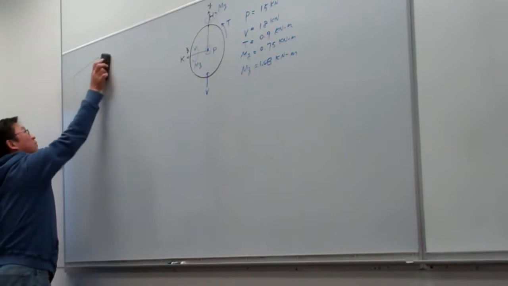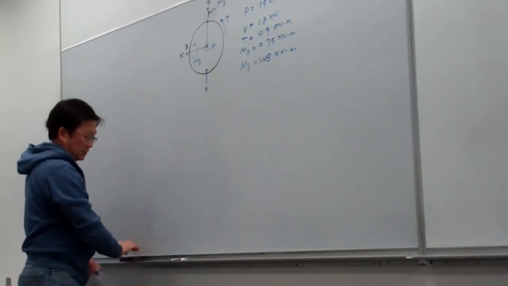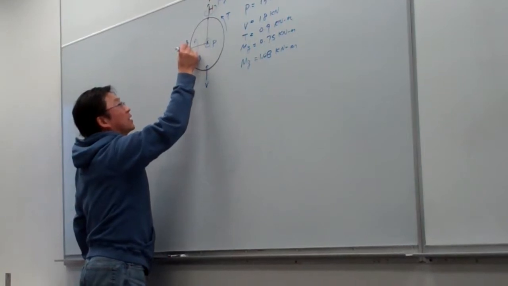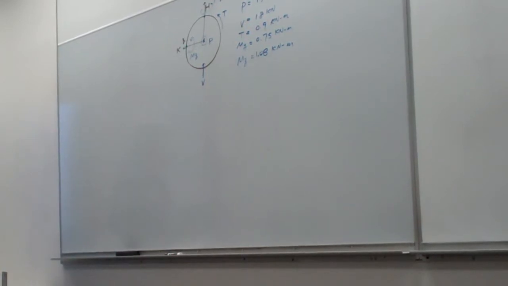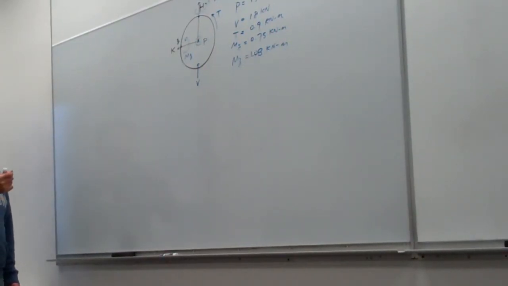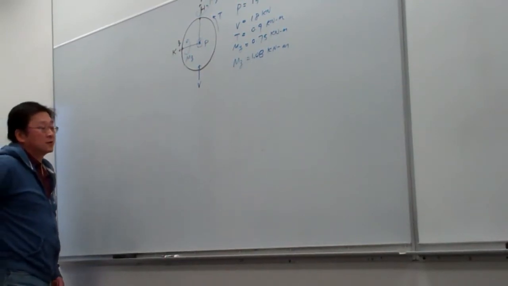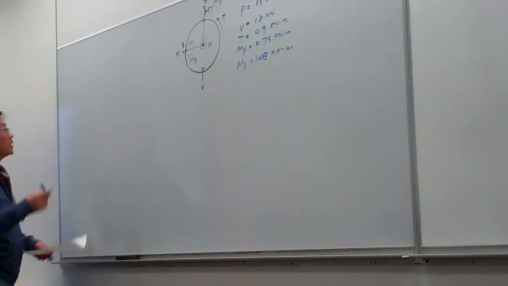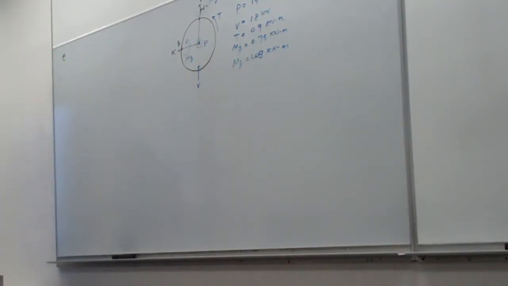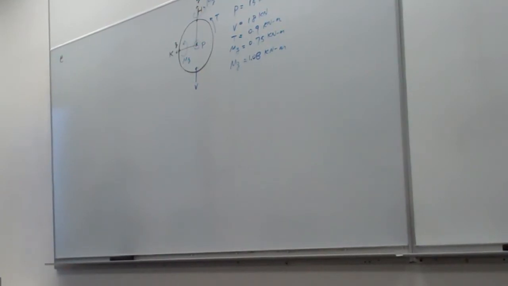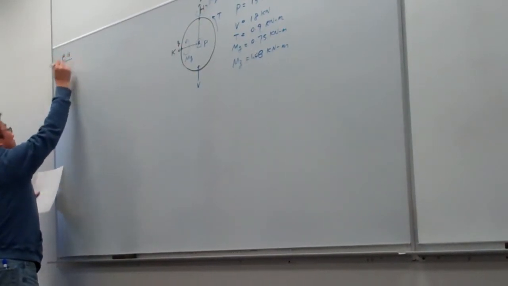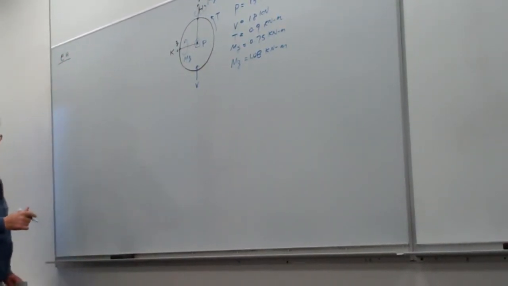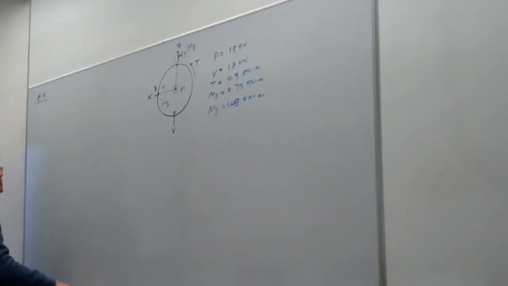For this problem, we want to calculate the stress at two points, K and H. So we can use the superposition principle, and we analyze the stress due to each type of loading. For example, the first one, we find the loading at point H. Here, again, I try to tabulate the analysis.